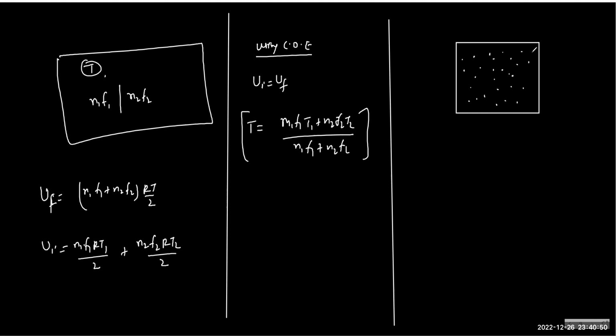So when ice melts, does the boundary move for the ice? Let's say you have an ice cube and it melts. Will the boundary move? Yes or no? Sir, by boundary, what do you mean?